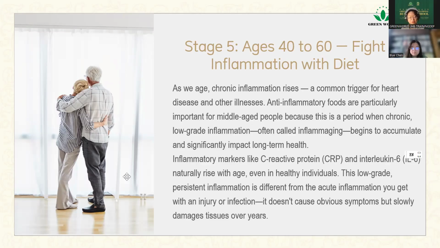This low-grade persistent inflammation is different from the acute inflammation you get with an injury or infection. It doesn't cause obvious symptoms, but slowly damages tissues over years, and it slowly damages each and every individual cell of the human body.